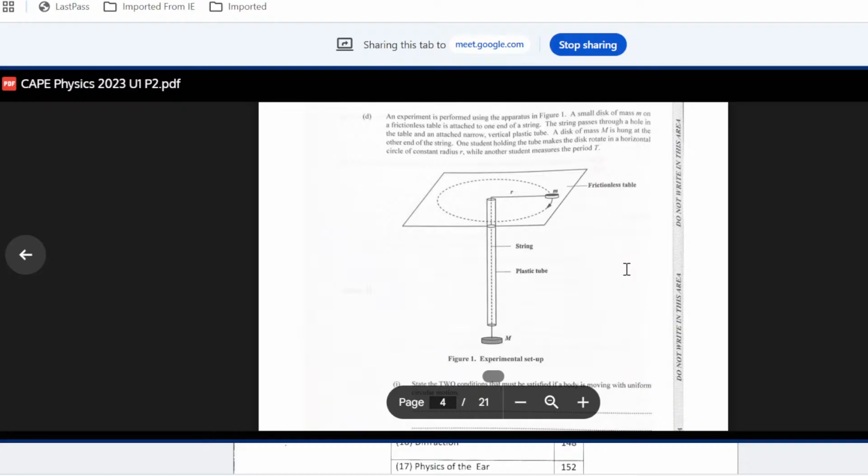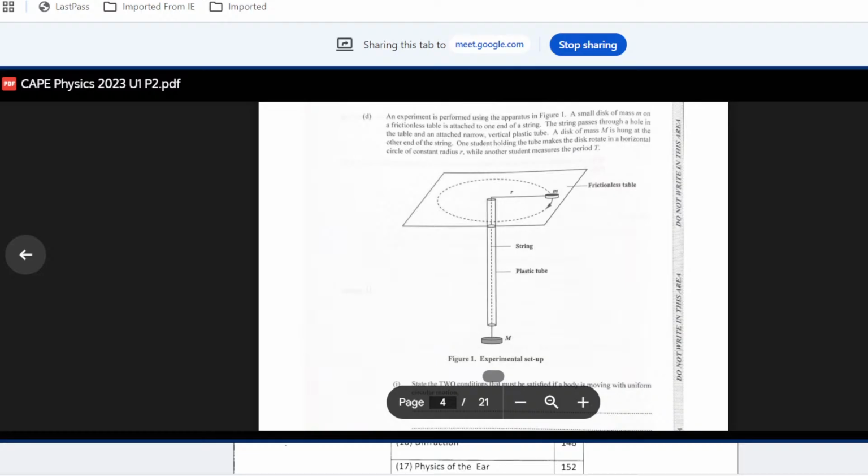So the first question is, state two conditions that must be satisfied if a body is moving with uniform circular motion.